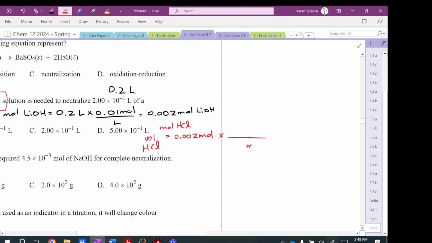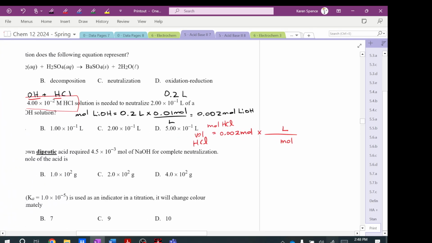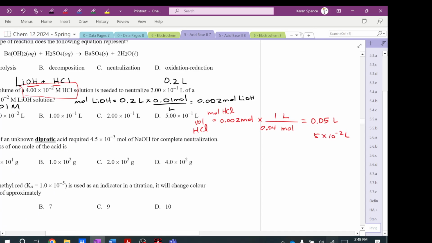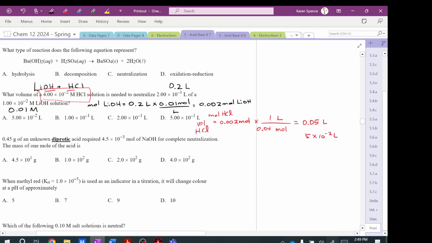I want to cancel my moles and find my liters. And that will be 4 times 10 to the negative 2, which is 0.04 moles per liter. So that's 5 times 10 to the negative 2 liters. I think the answer is A. Yep. Yeah. 54.